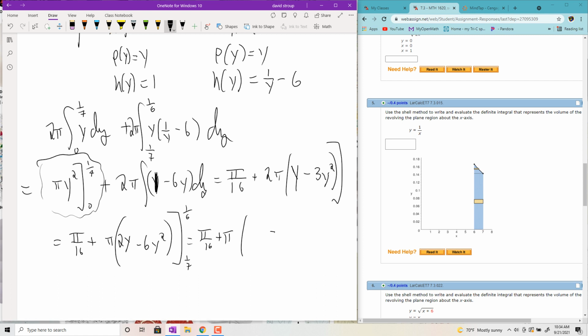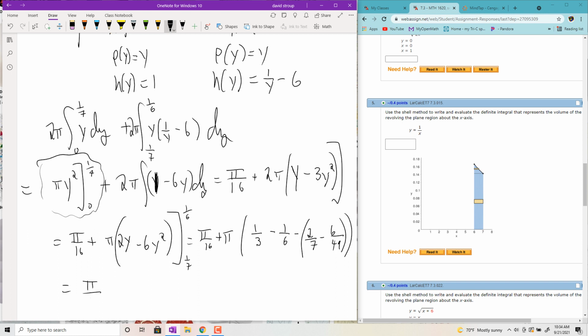Okay, so the first guy is 2 times 1/6, which is 1/3. The second guy will be negative 6 times 1 over 36, which will be negative 1/6. And minus 2 times 1/7 is 2/7, minus 6 over 49. That's not so bad.